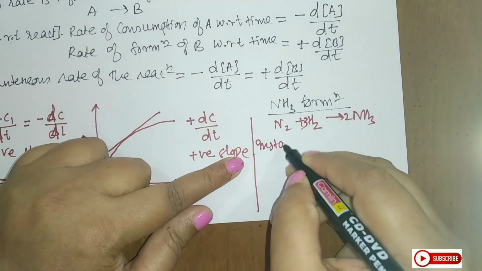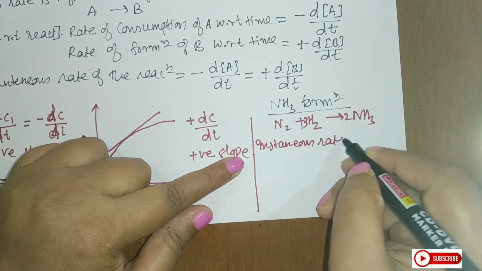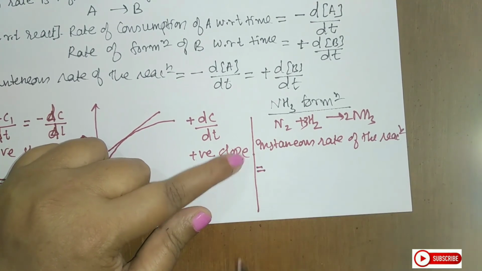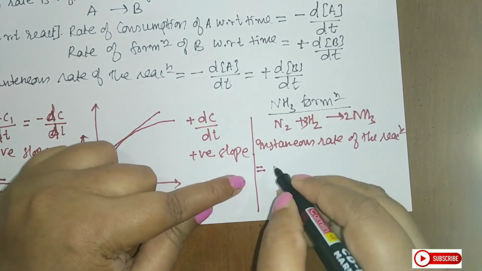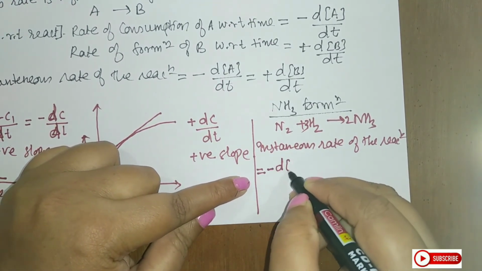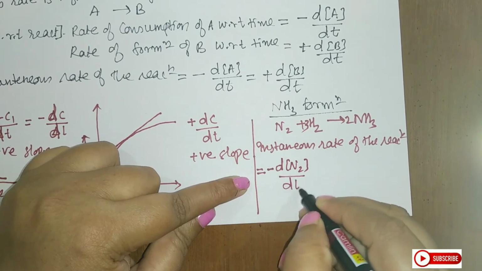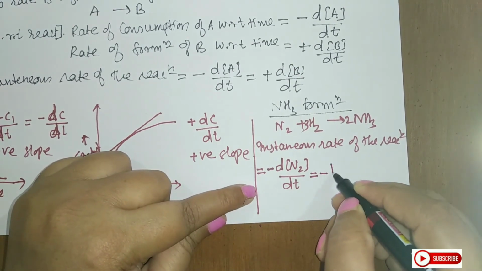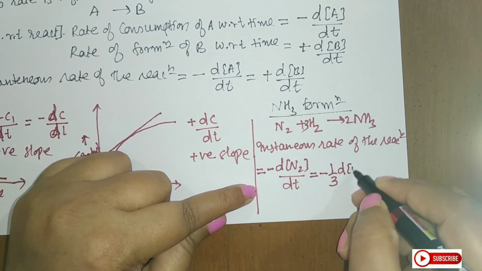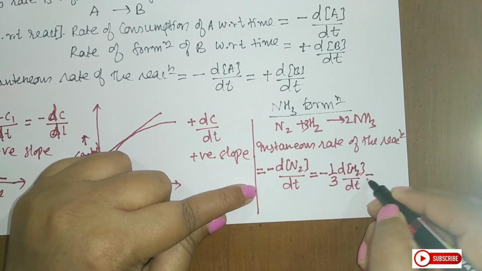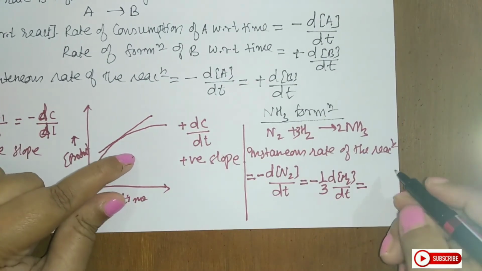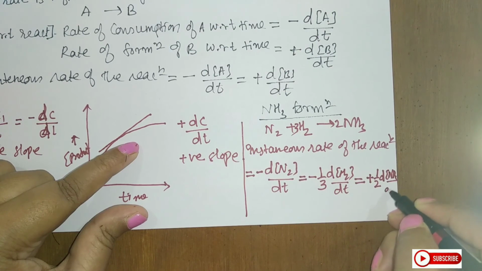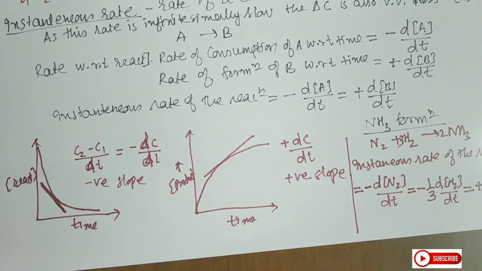The instantaneous rate of the reaction with respect to time is equal to, this is the reactant, its concentration will decrease, so it will be minus dN2 by dt, is equal to, this is also a reactant, its concentration will decrease, so minus 1 upon 3 dH2 by dt, is equal to, this is the product, its concentration will increase, so it will be plus half dNH3 by dt. So this is how you will write the instantaneous rate.